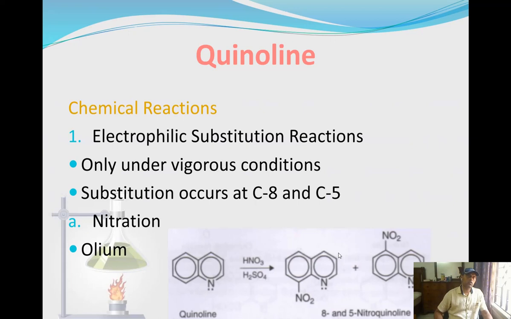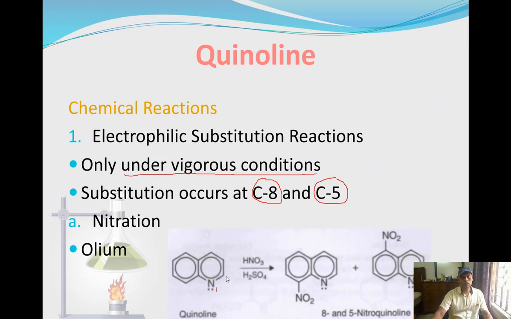Let's go to chemical reactions. In that, first one is electrophilic substitution reaction. In normal conditions, you don't get the electrophilic substitution reaction. It is going to give the electrophilic substitution reaction only under vigorous conditions. So the substitution is going to take place at the C8 position and the C5 position. So what are the positions here?